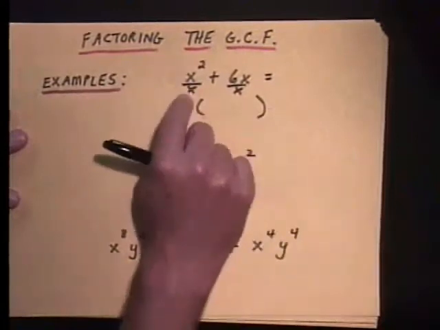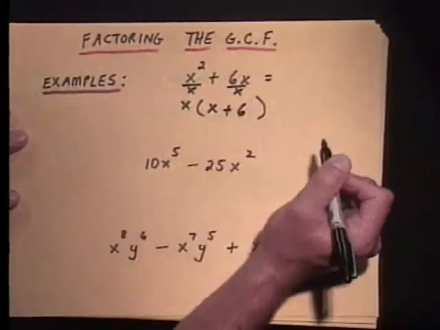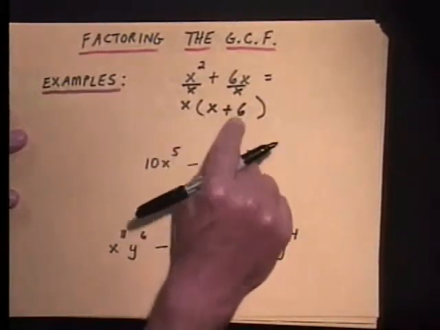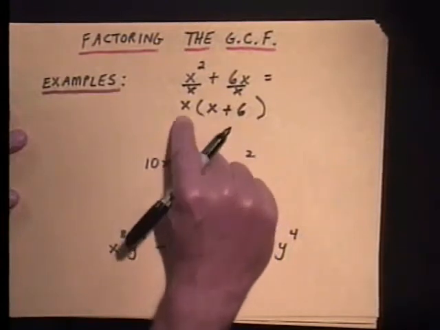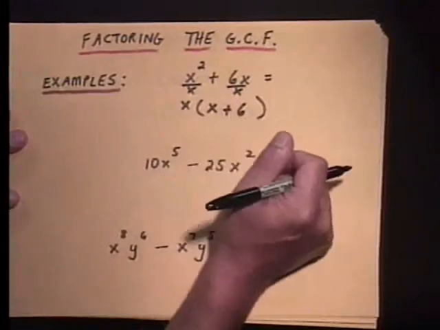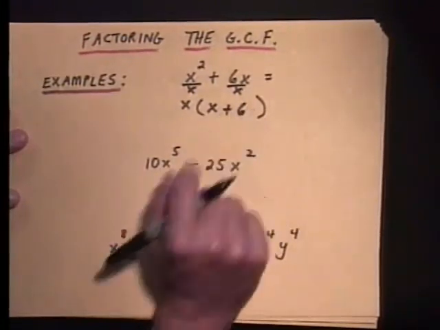So x squared divided by x is x, plus 6x divided by x is 6. So you might recognize this as one of our properties kind of in reverse here. If we distributed, or multiplied the x through, it would definitely check and give me what's up here. So you can check this as well. These are kind of nice.